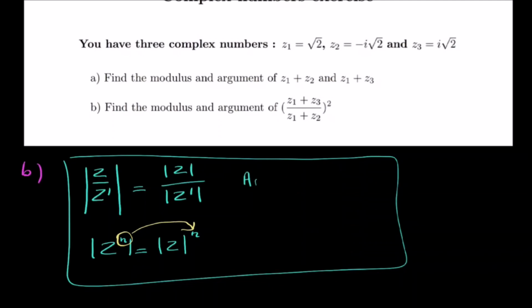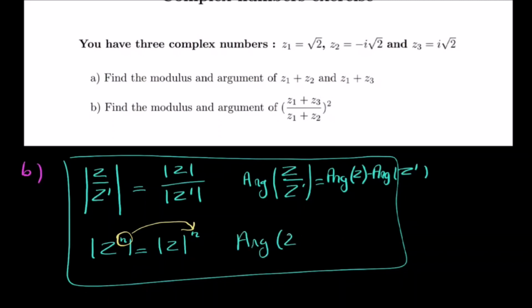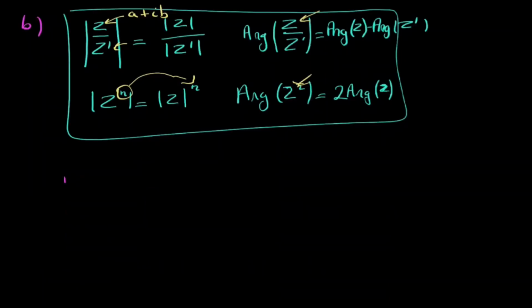For the argument of z over z prime is equal to arg of z minus argument of z prime. Also, the argument of z square is equal to 2 times the argument of z.